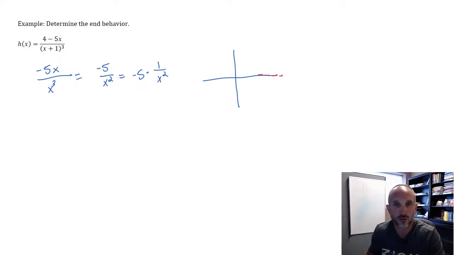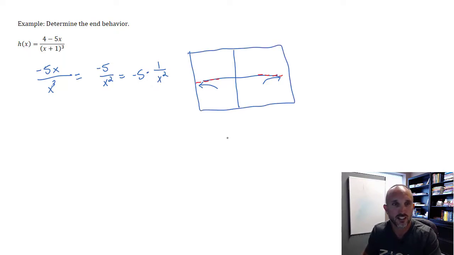So again, I'll have a horizontal asymptote at 0, and 1 over x to an even power, both ends are positive. But I'm multiplying by a negative, so both ends are going to flip over and be negative. So I need to approach 0 from the negative side on both ends as x goes to negative infinity and as x goes to positive infinity.